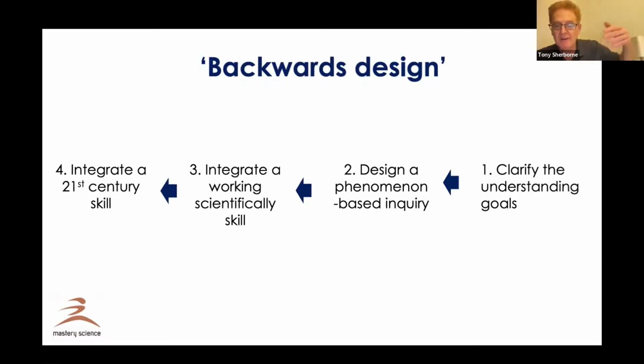As you saw in the baobab tree, if that tree was our phenomenon, we could easily lead to adaptation or some other concept related to that phenomenon. So that's step two. We'll show you that.